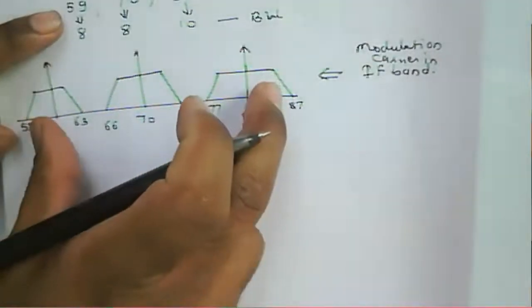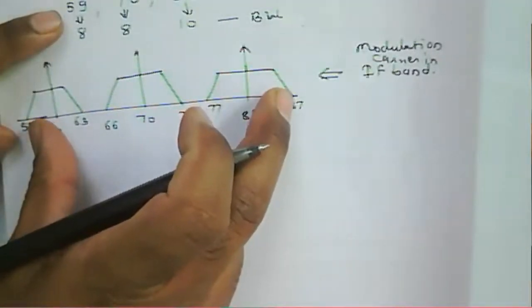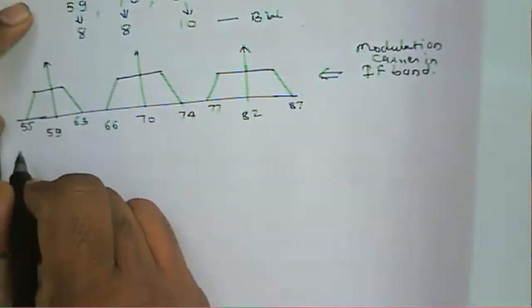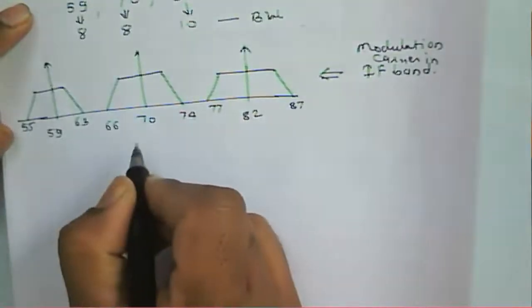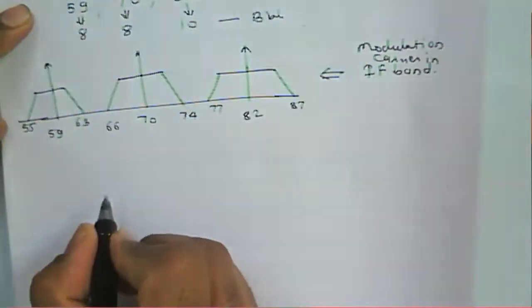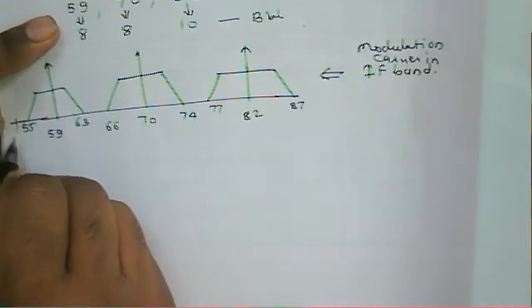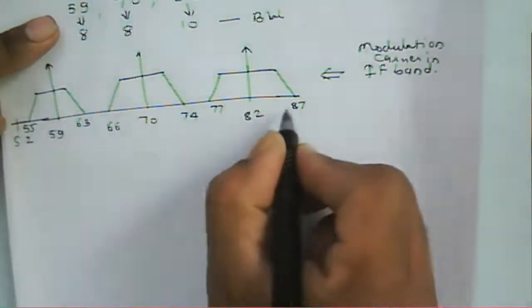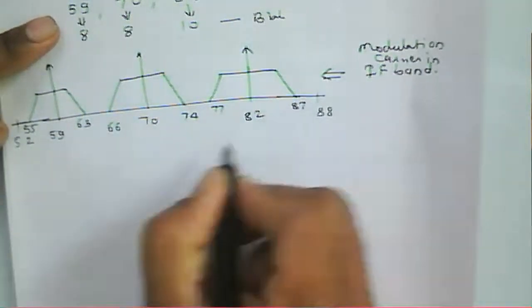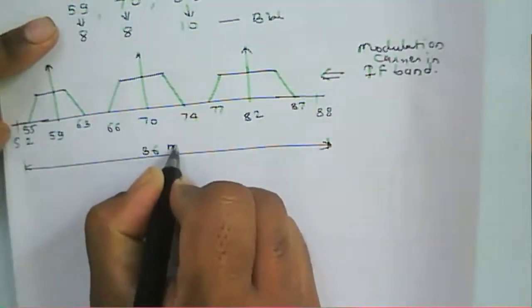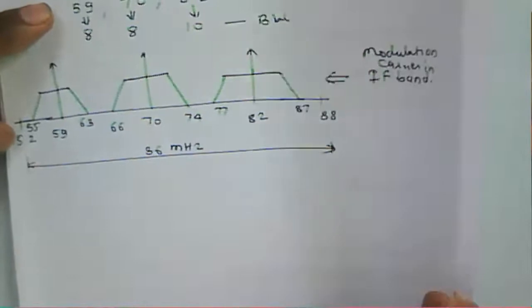How is this signal to be up converted? We get a specific frequency band of 36 megahertz. Suppose this one is about 52 and this one is about 82 here. So this band is about 36 megahertz.